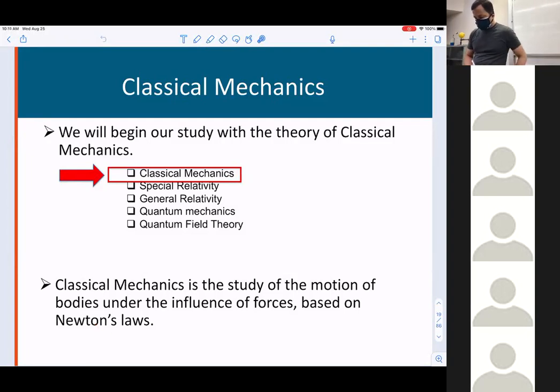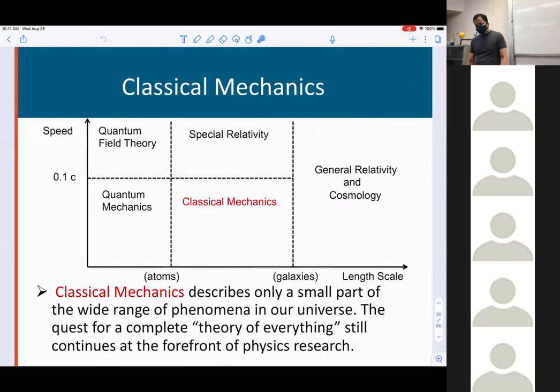So yeah, classical mechanics is about Newton's laws, and here's sort of a two-dimensional graph of how you can think about the structure of all these theories. On the x-axis here is the typical length scale that you're studying.